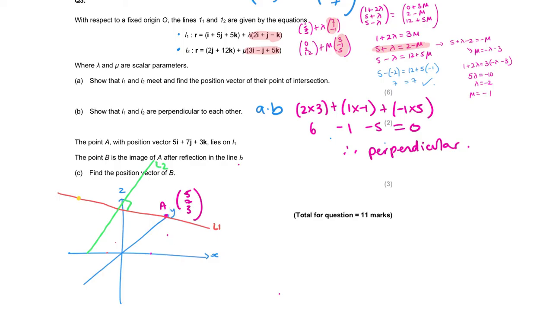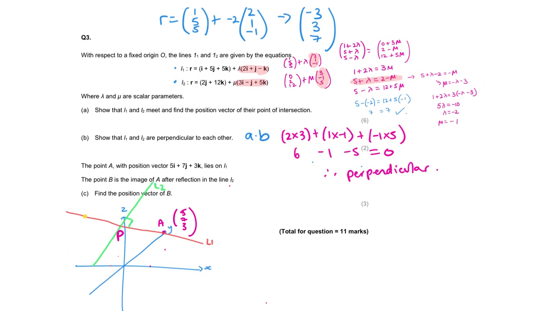So what we're going to do is, we know the point of intersection is here. We can call it anything. I'm going to call it P, and we know the point of intersection is (minus 3, 3, 7). So what I need to find.